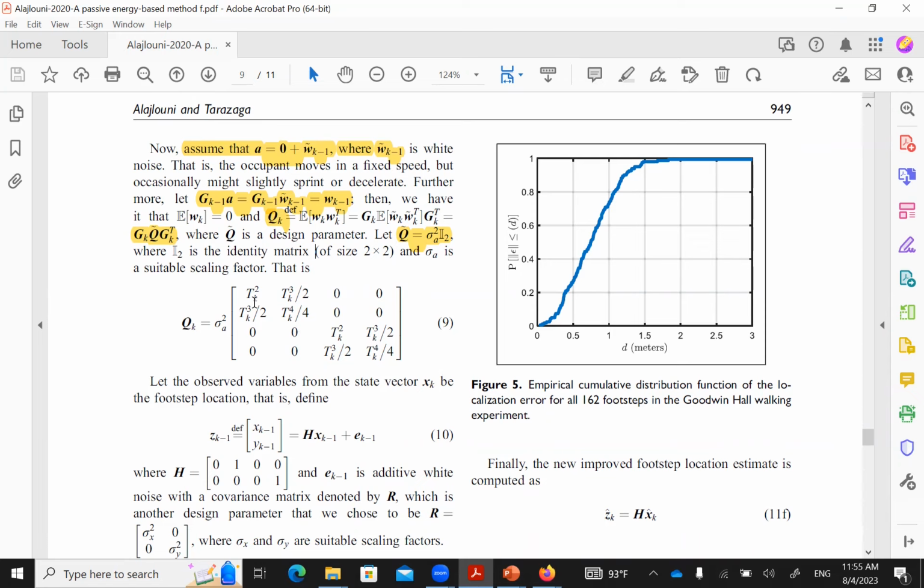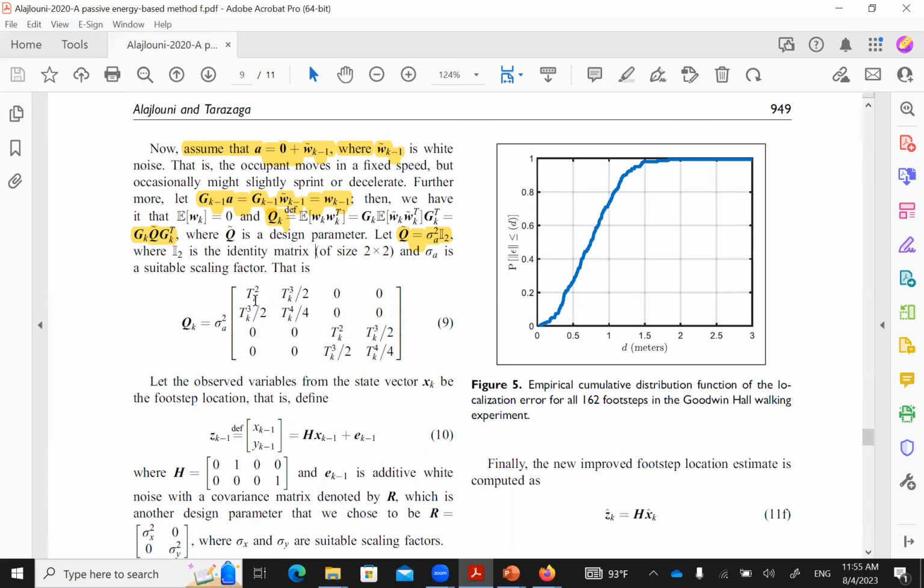If we assume that we have a fixed sampling rate, like every 1 second or every 0.1 second we get a location measurement, then this K here would be dropped. This is the time step.